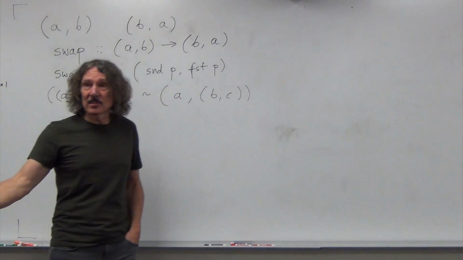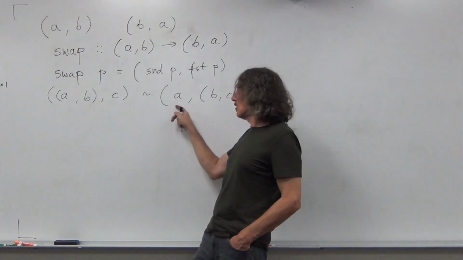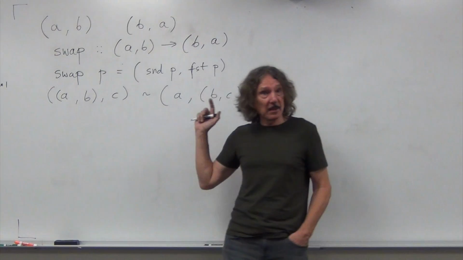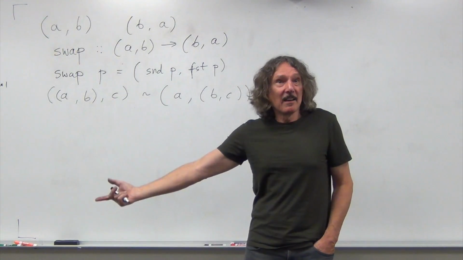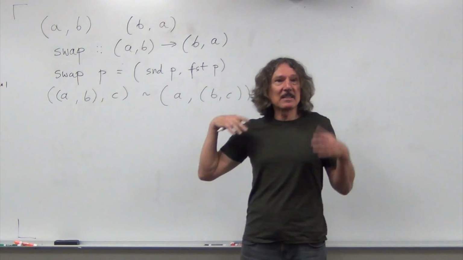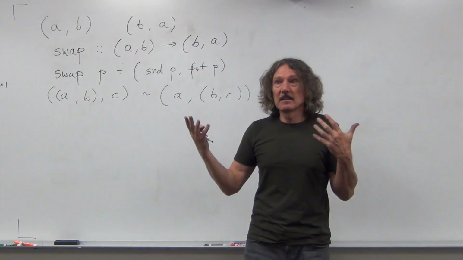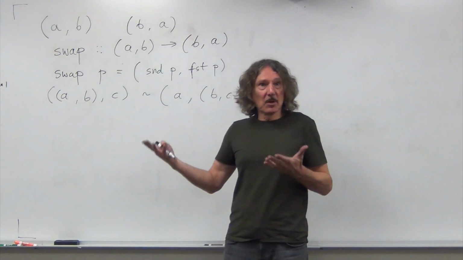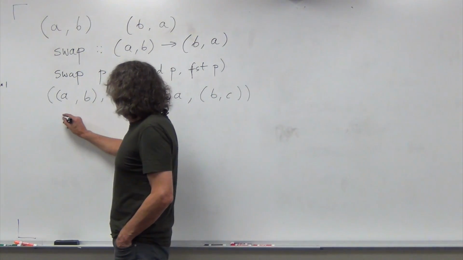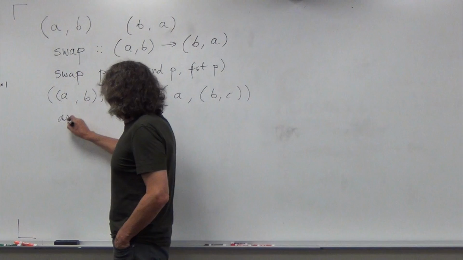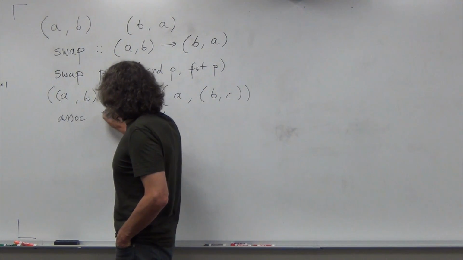And again, the answer is no. If you have a function that takes this type, you cannot call it with an element of this type. It won't type check. But again, these two types contain the same information. It's rearranged. And this rearrangement can be written as an isomorphism, right? So I can write a function called assoc, with a name, right?